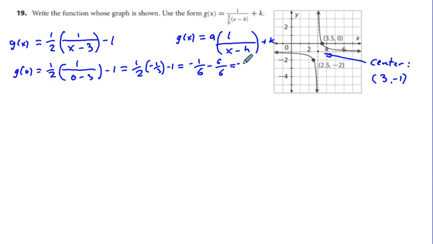So we're going to get -7/6, which seems like it probably is a fairly good match here. So this is going to be right here our correct answer.